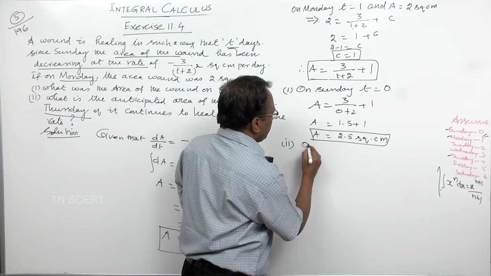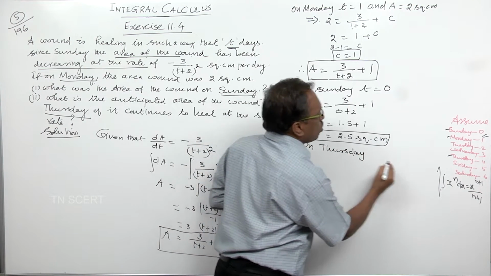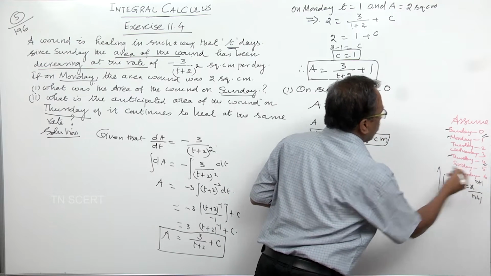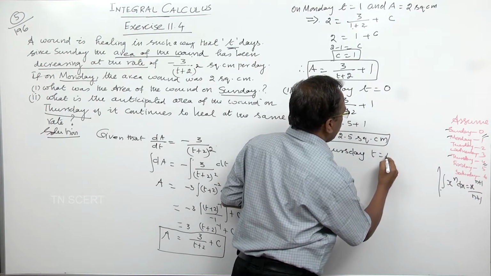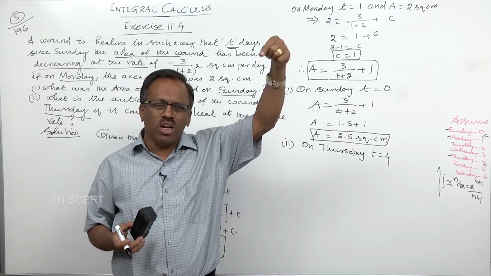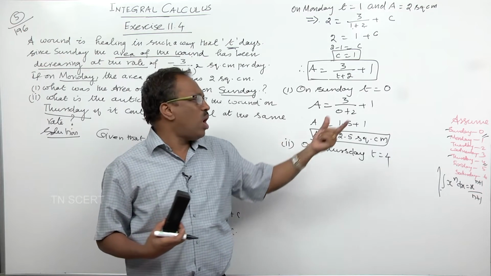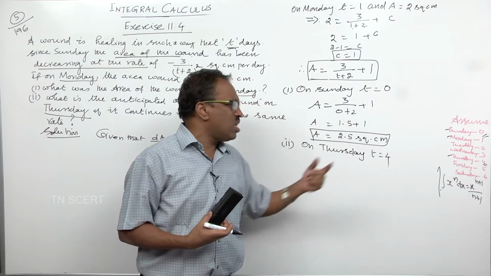On Thursday means we wish to know what is Thursday, it is 4. So T is equal to 4. Remember that from Sunday till Saturday we have to take 0 to 6, because the days are 7. On Thursday T is 4.